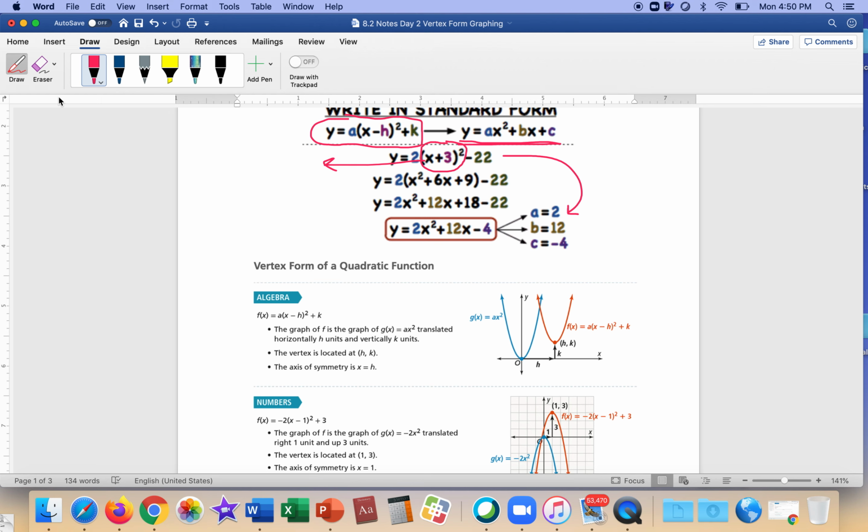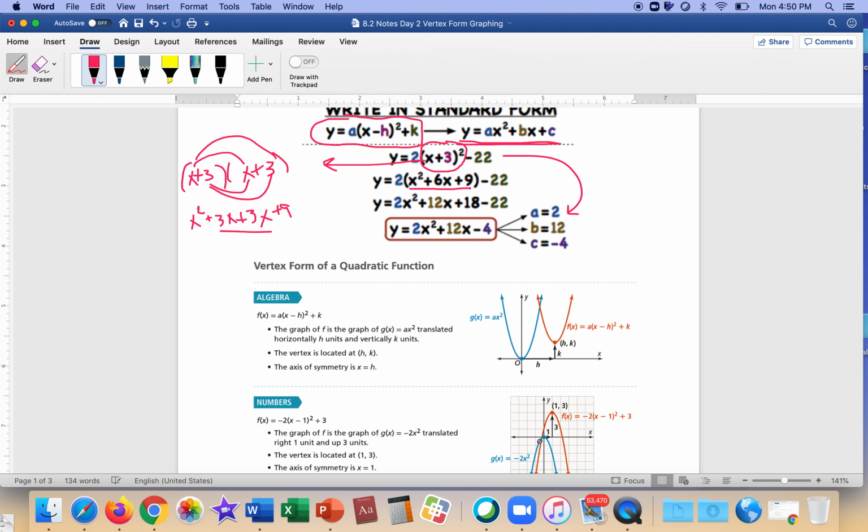So if you take x plus 3 and multiply again by x plus 3, you distribute, and when you distribute all terms, you get x squared plus 3x plus 3x plus 9. And when you simplify, you get x squared plus 6x plus 9, which is right here.